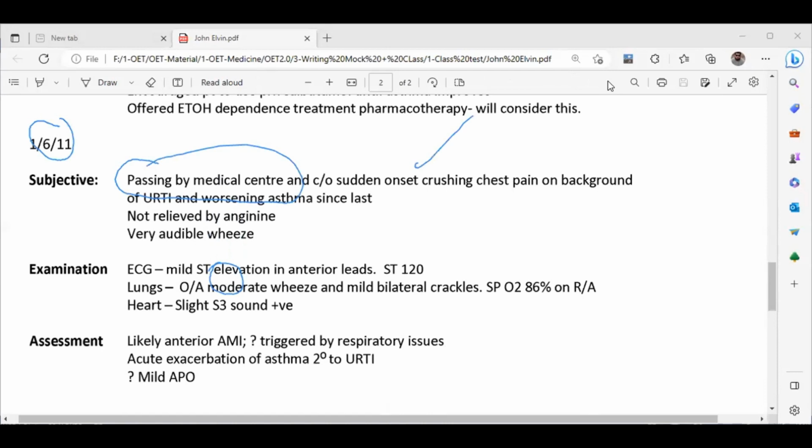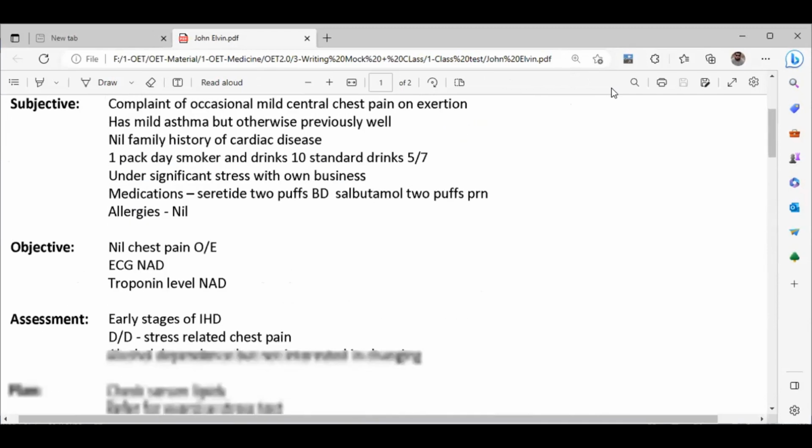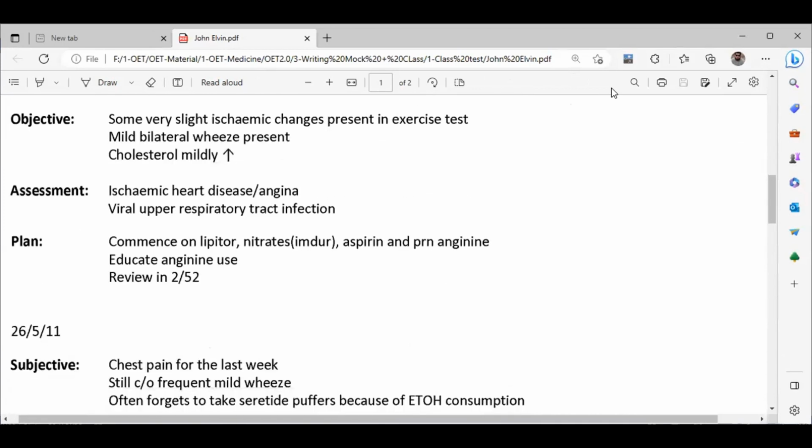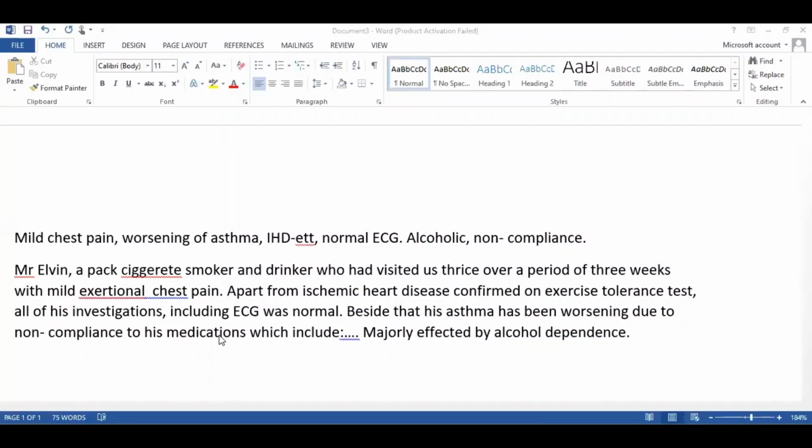So as per your question, we can understand that we have to summarize the first three visits, like 5-5-11, 12-5-11, and 26-5-11, right? So this is the summary of the visits that we discussed. That was the main chunk of the discussion that I selected after reading that paragraph.